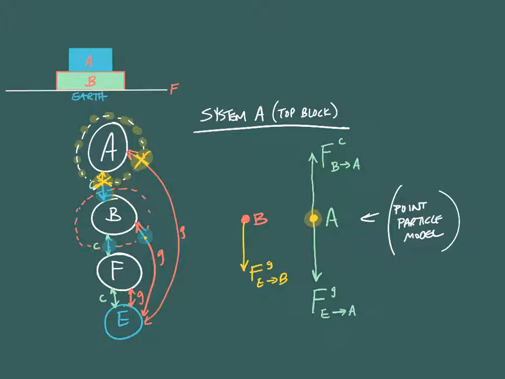Okay, so that's that one. I'm going to make this extra large for a reason. So if I think that the force of contact of the floor on block B is that big, let me change that up a little bit, make it a little bit longer. Then something's missing in the rest of my diagram.